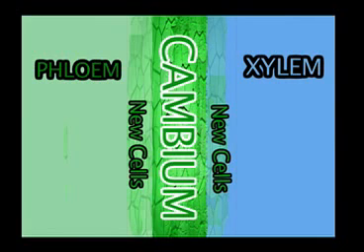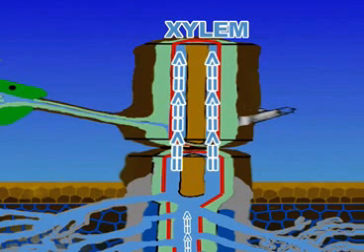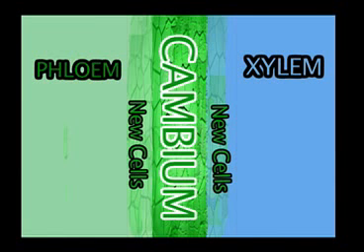Between the xylem tubes and the phloem tubes is a special layer called the cambium layer. And the cambium is about a cell or two thick. The cambium cells that grow inward become xylem cells, and the cambium cells that grow outward become phloem cells.